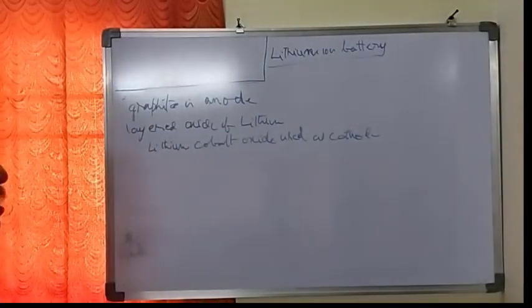Lithium cobalt oxide is used as a cathode, and graphite is used as an anode.